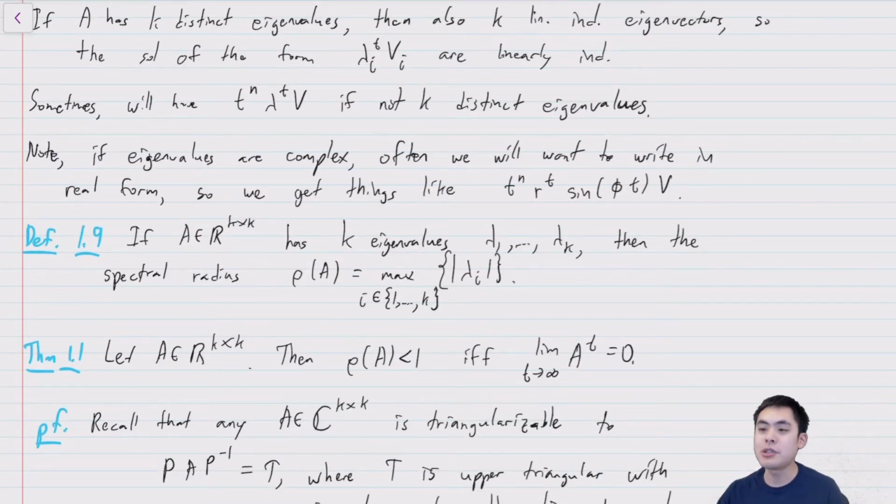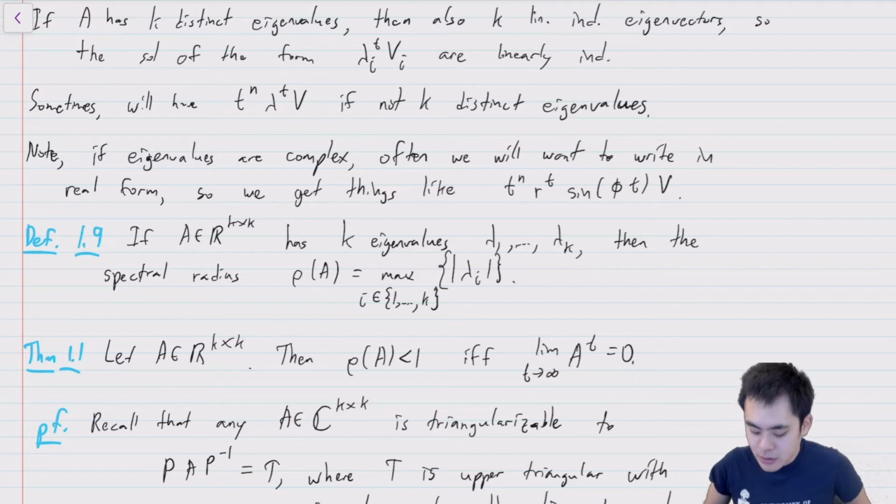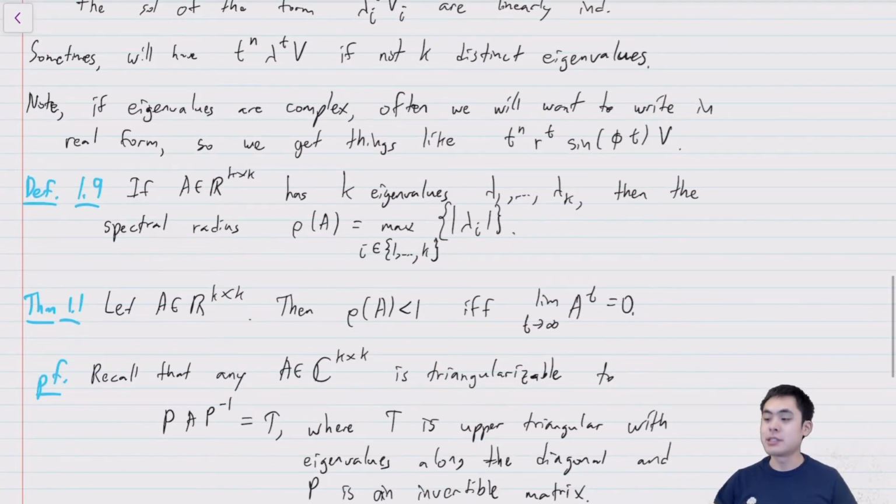Okay, so now once you have all of these, you can actually say a few more things, because as in the previous case, we can say things based on just the eigenvalues of our A matrix. And one of those things is, I think last time we talked about the strictly dominant eigenvalue. Here we're going to talk about a very similar concept.